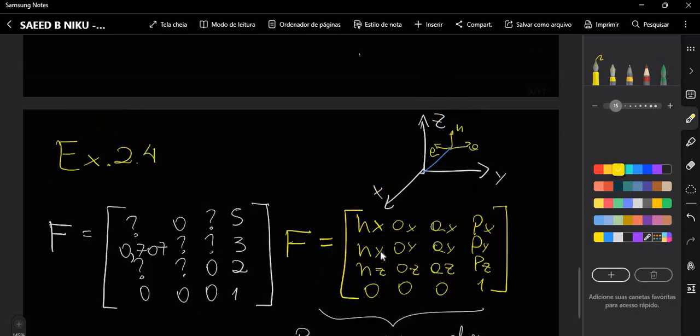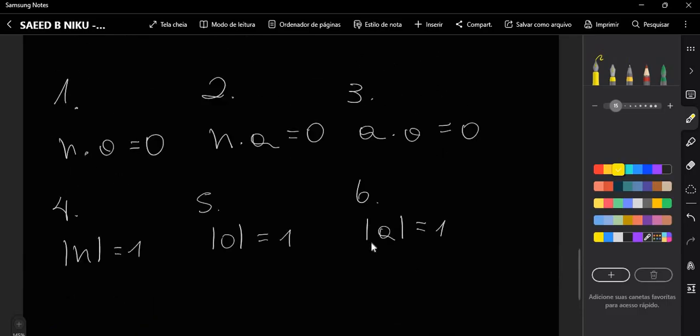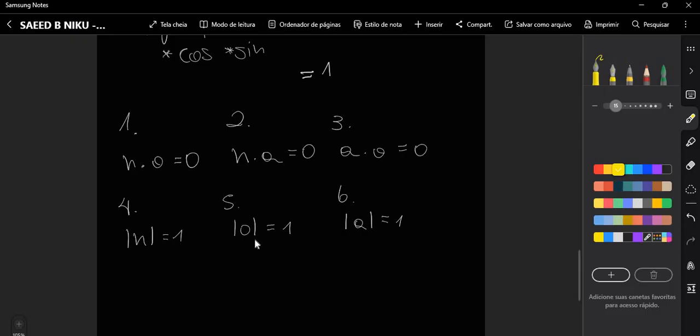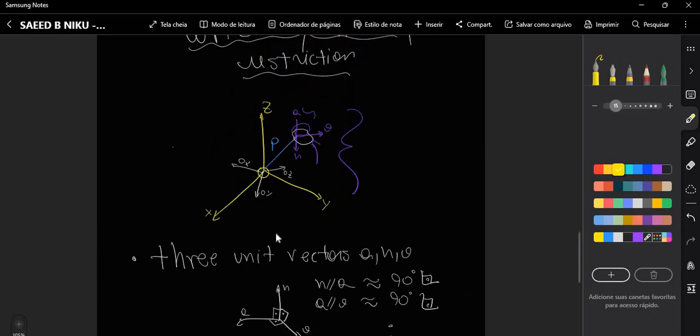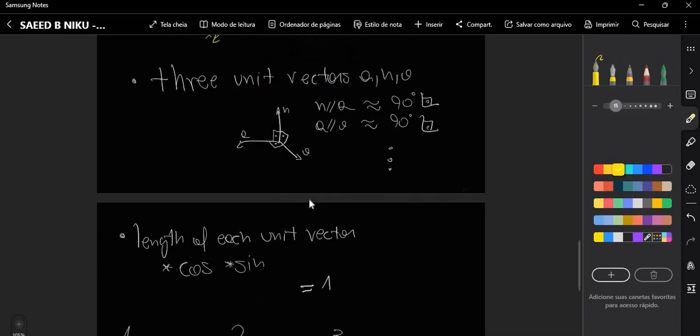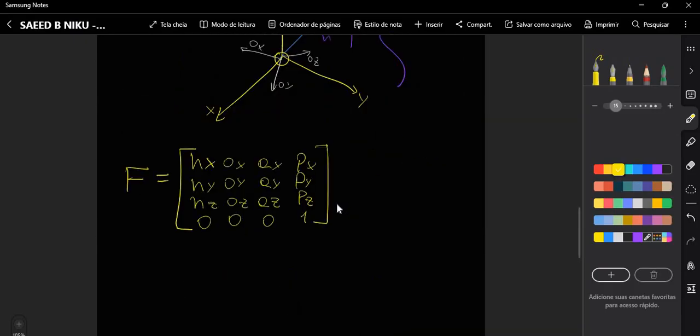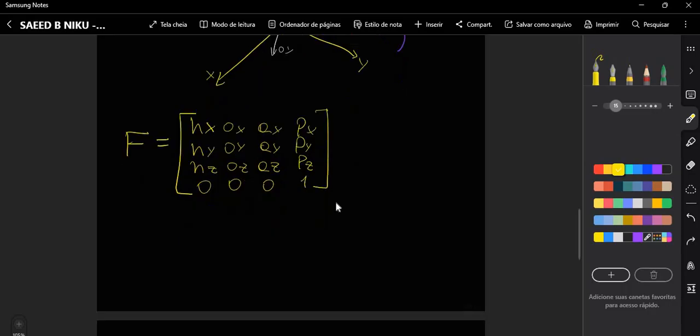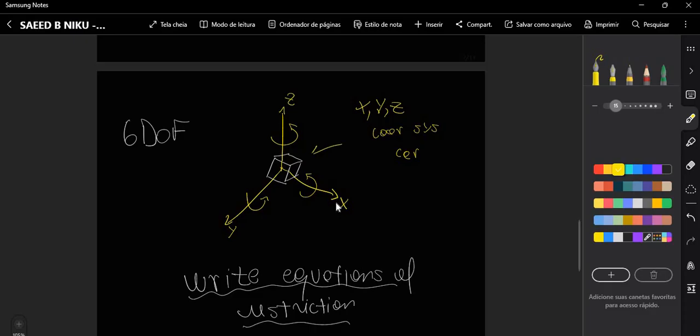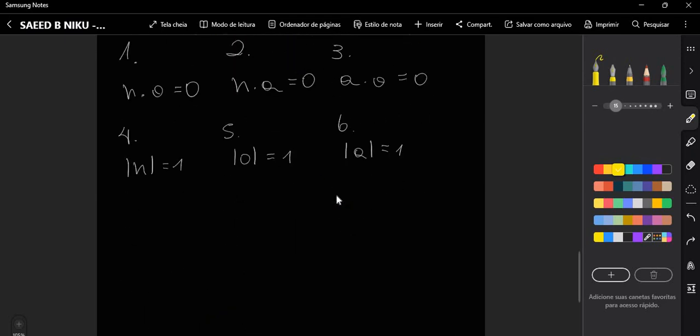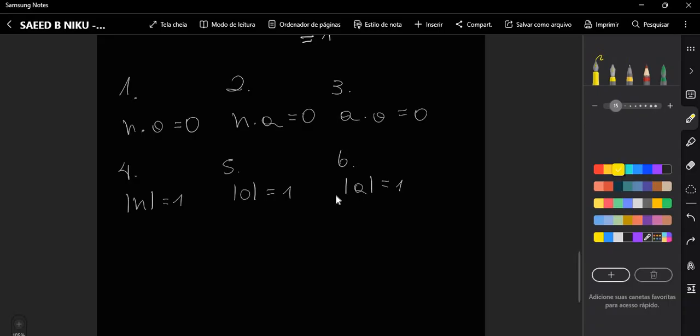And in the past video, we talked about the equations of restriction that we need to write when we are working with rigid bodies, because right here we have 12 elements, not counting this scale factor, and actually a rigid body has only 6 degrees of freedom, so we need to write these equations of restriction.